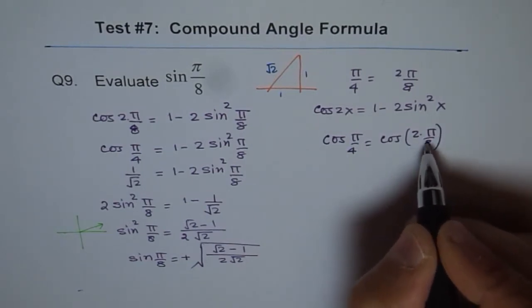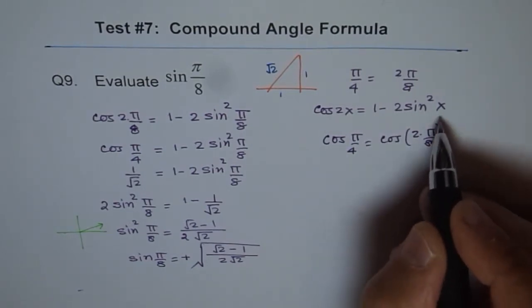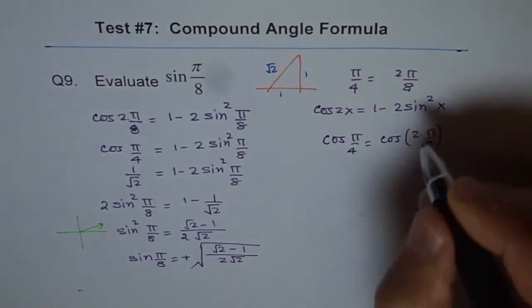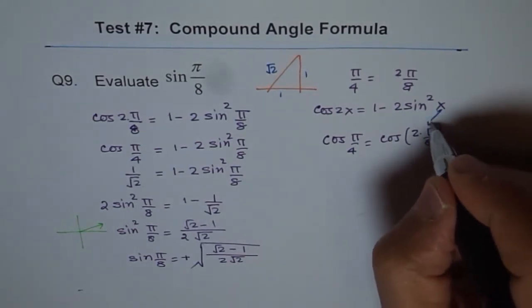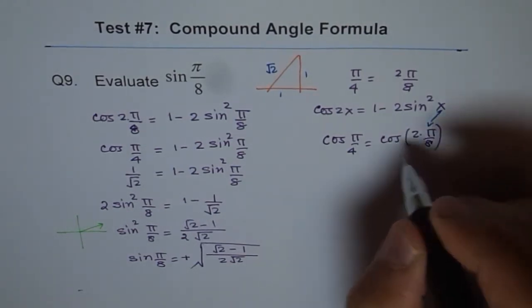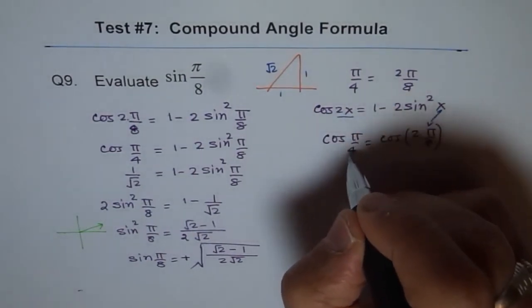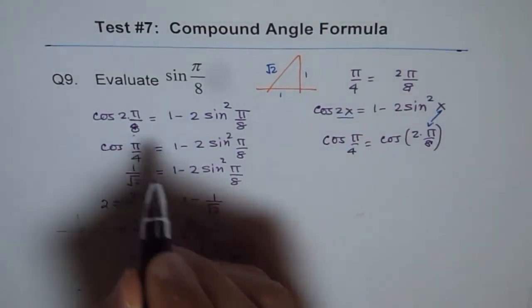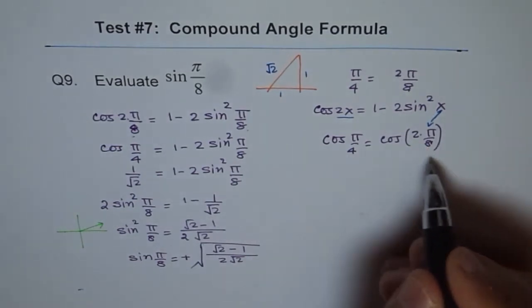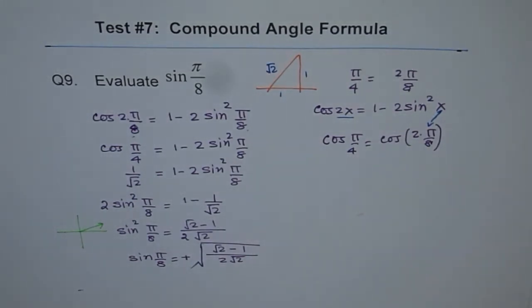So that x in the double angle formula is pi by 8, do you understand? And this 2x is pi by 4. So that's how we get this formula. And then rearranging, we get a solution. So that is the kind of strategy we'll adopt to find angles which are half of the known standard angles, correct? So it's a very helpful and useful formula.